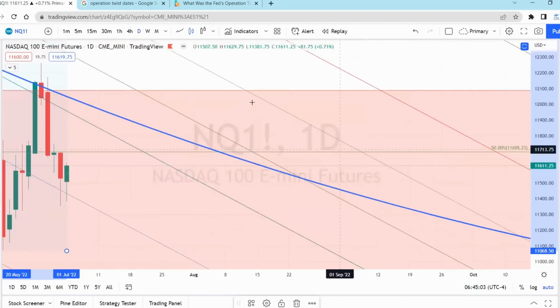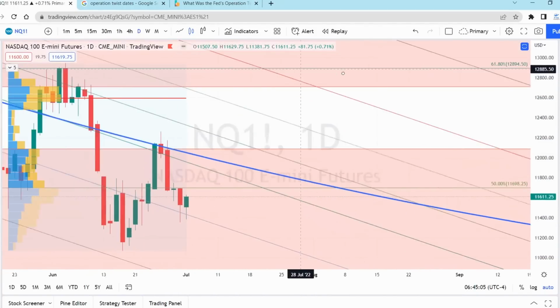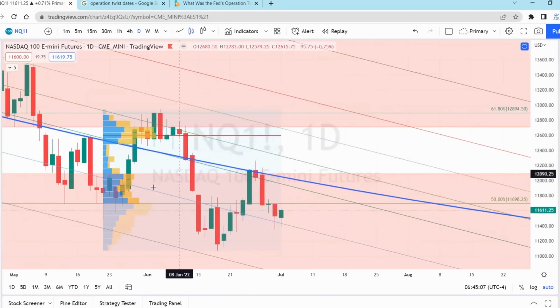Now notice, I just did a volume profile. Yellow is the sellers, blue is the buyers. From May 20 all the way until Friday. So sellers are still in control on the volume, right?